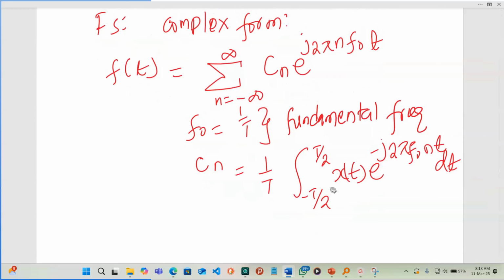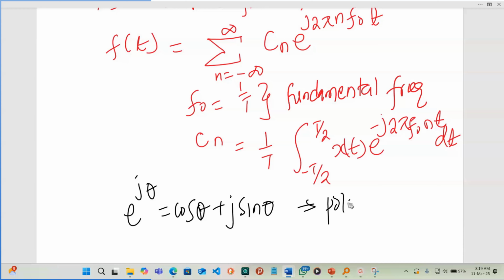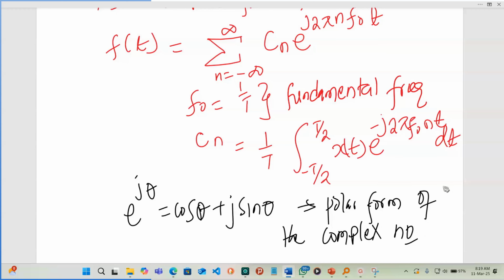When you look at this, first of all, this Euler number e to the j theta, remember, is the same as cos theta plus j sine theta. So this is the polar form of the complex number.